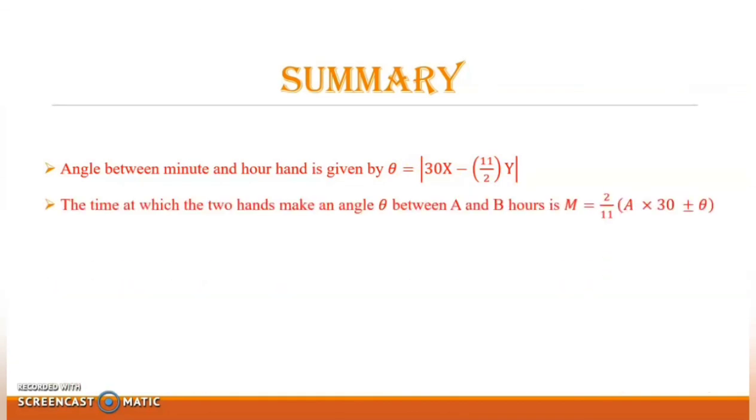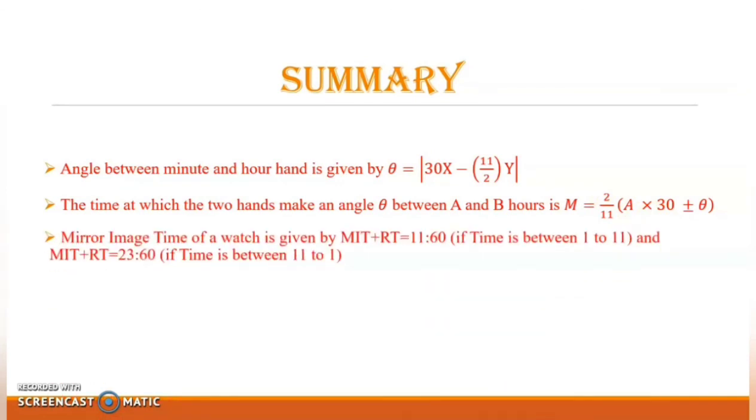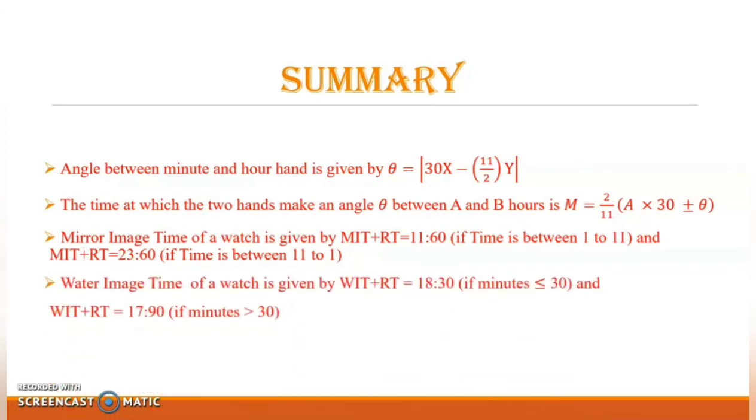Then, the time at which the two hands make an angle theta between A and B hours is given by A hours and m minutes, where m is given by this formula, which is obtained by some modifications. The next one that we did is the mirror image time of a watch, given by this, and then the water image time.